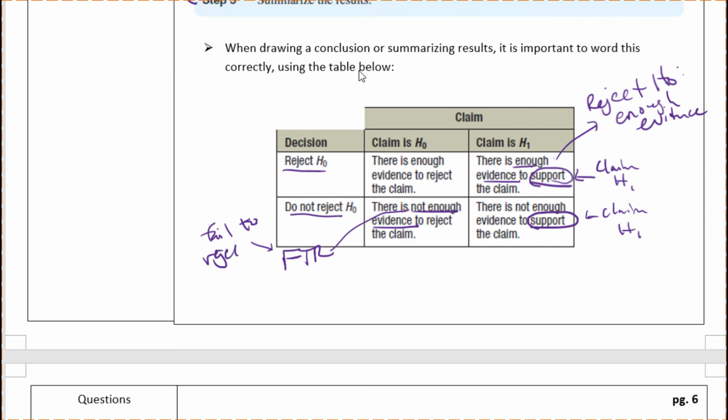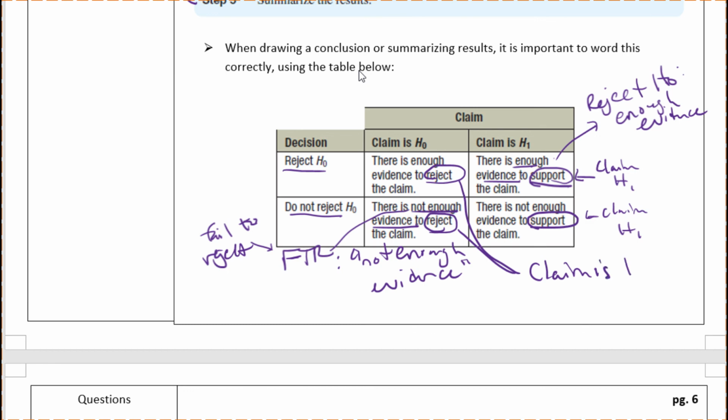So if we fail to reject, we use the words not enough evidence. And if the claim is H0, we use the word reject. So claim is H0, then we use the word reject.